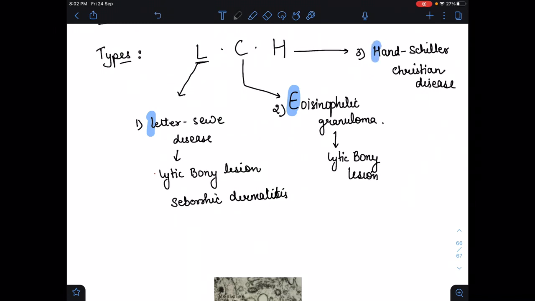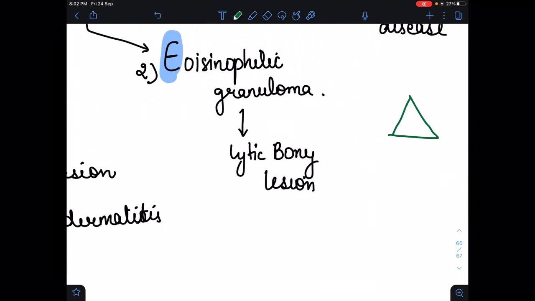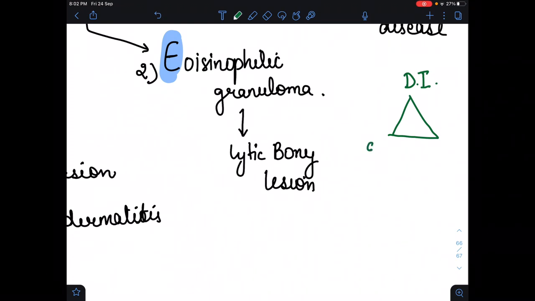For Hand-Schüller-Christian disease, we have to remember one triad. The first is diabetes insipidus. The second is exophthalmos.